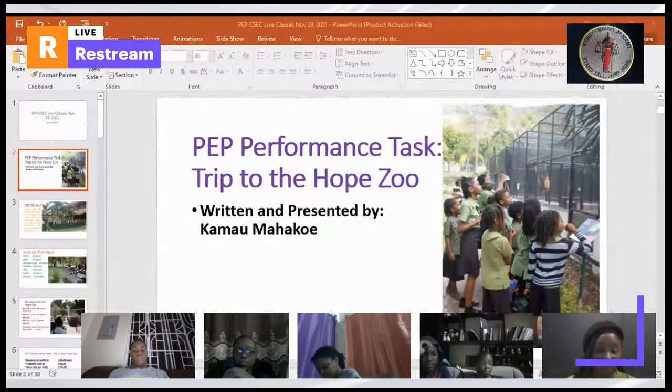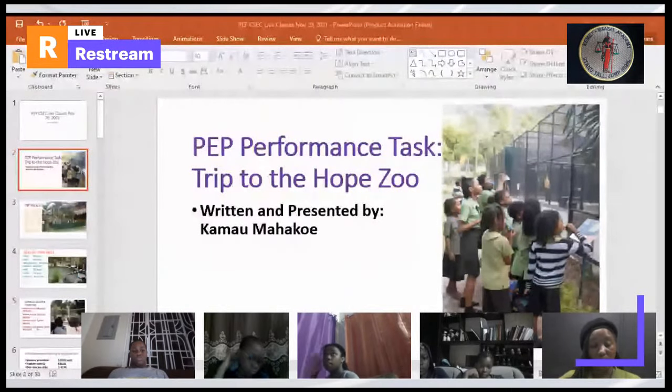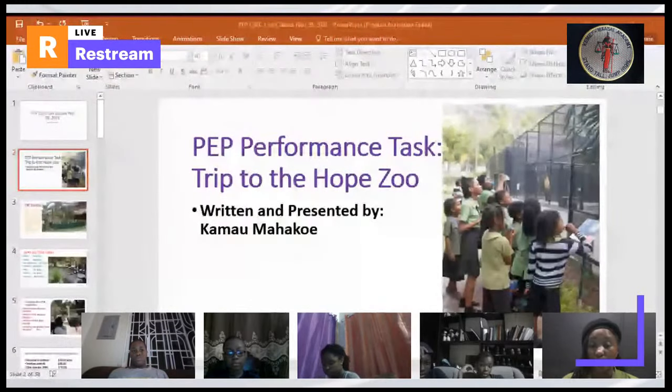Some benefits to going to the zoo. Of course, we know there's no way we would want to go up close to them if they were loose. Certainly not Mr. Lion, Mr. Tiger. You would not want to be going up so close.